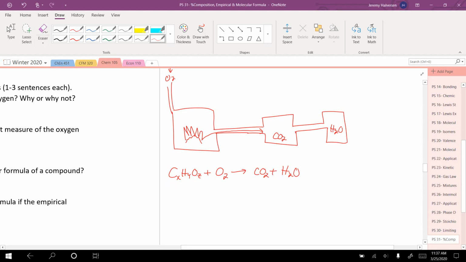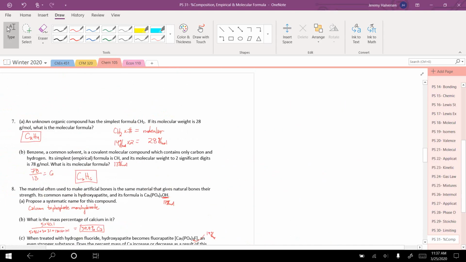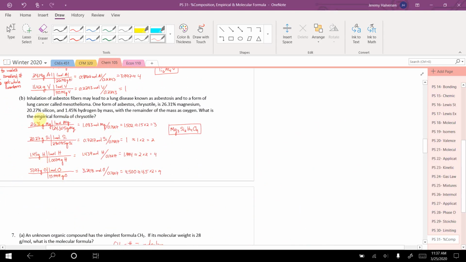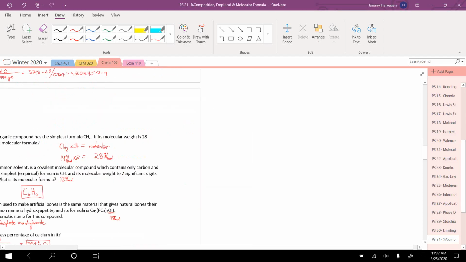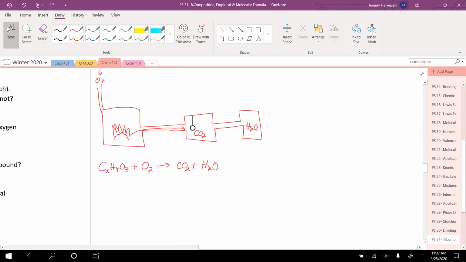Okay. Now, I don't know what my substance is, but what we're going to do is find the empirical formula. Now, if you remember, when we were doing empirical formulas up here, we needed to get our mass of each thing in the compound, and then we could change mass to moles divided by the smallest, right? We need to get the mass. So that's our goal here, is from this information, we're going to get some amount of CO2 and some amount of water. Well, what we can do is this amount of CO2 that we get, we can calculate in that amount of CO2 how many grams of carbon are there, because all of the carbon came from here.